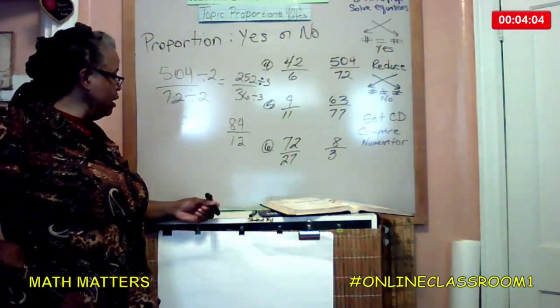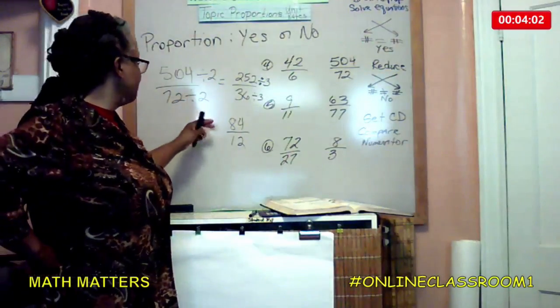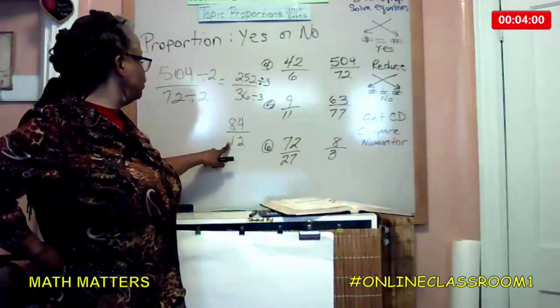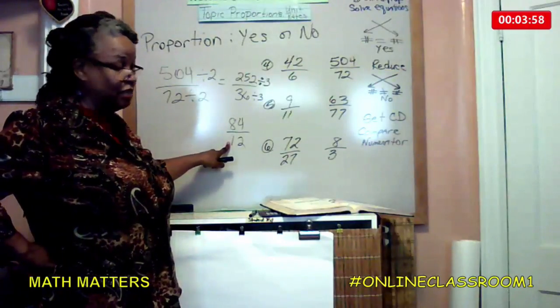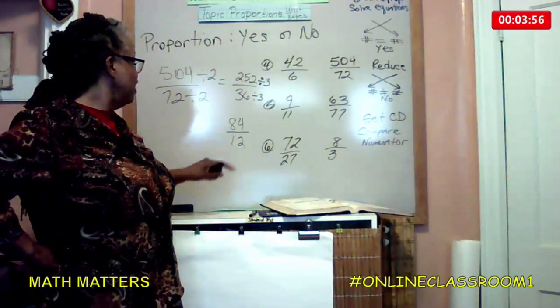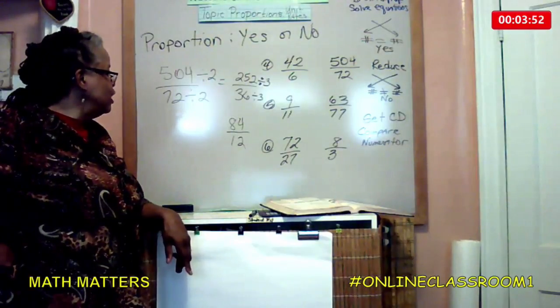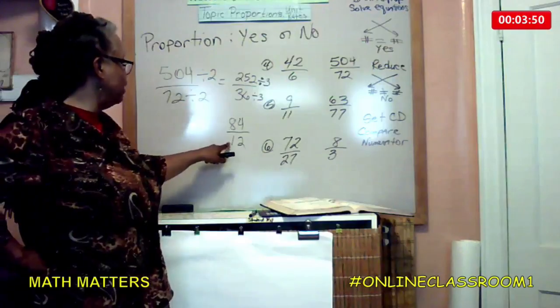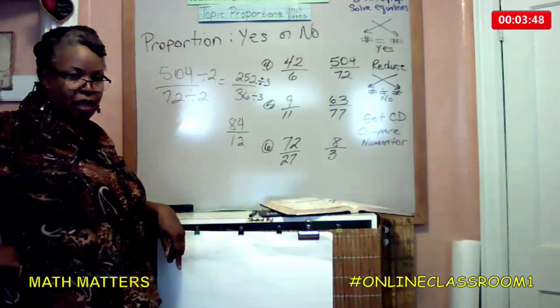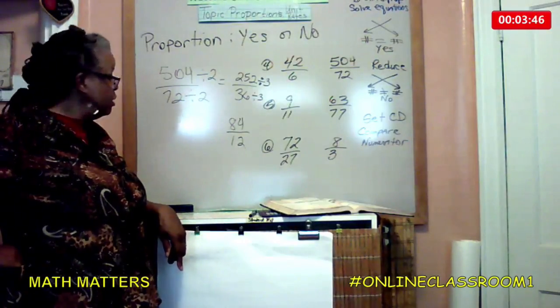I'm going to take it slow. I see a 12 being divided by 12 and 84 being divided by 12.